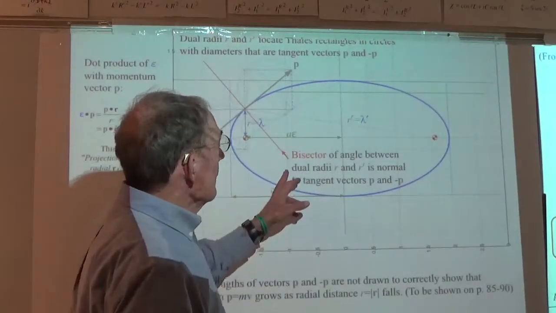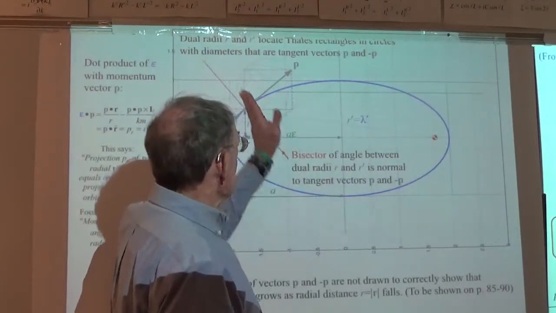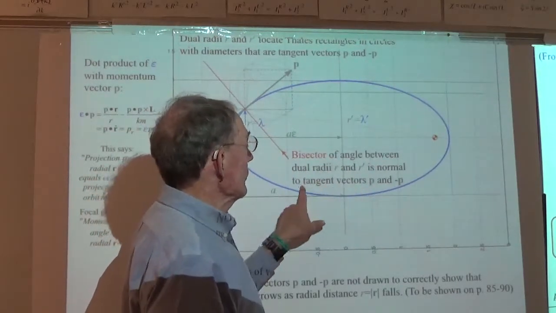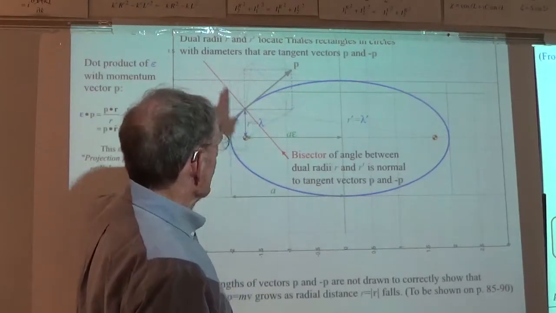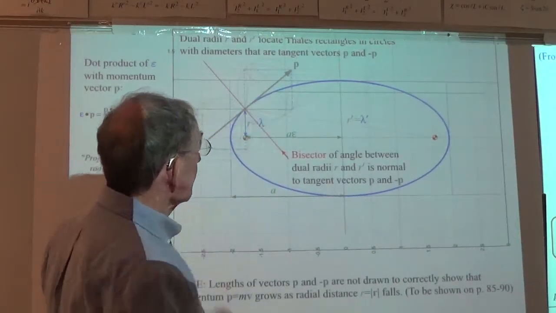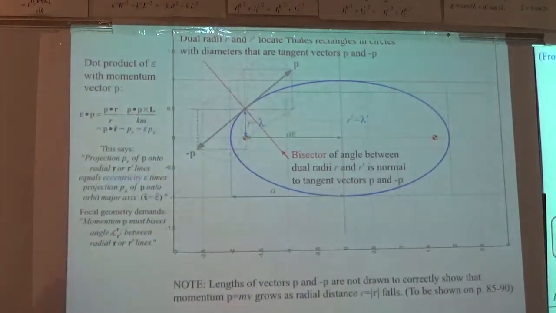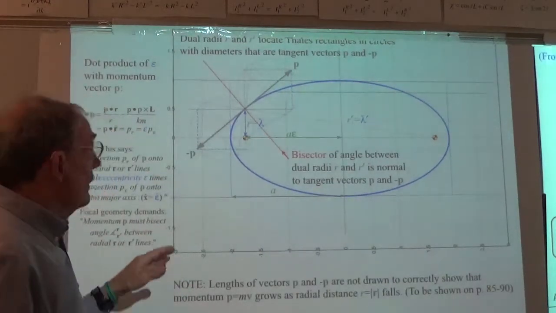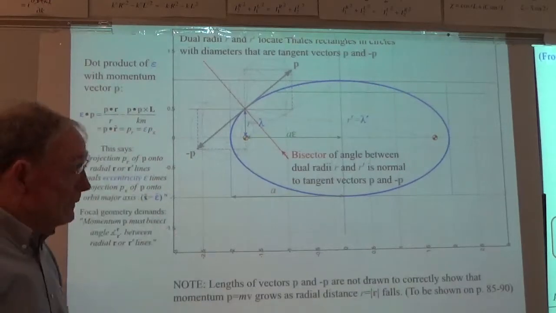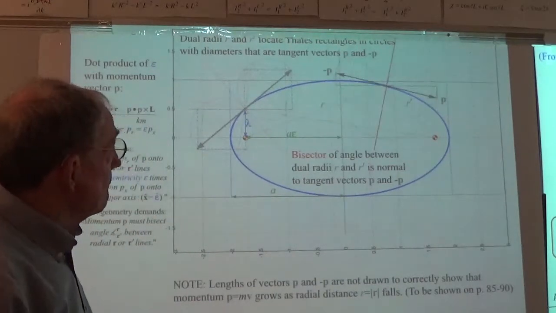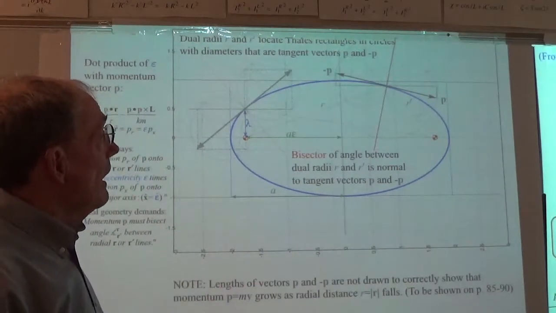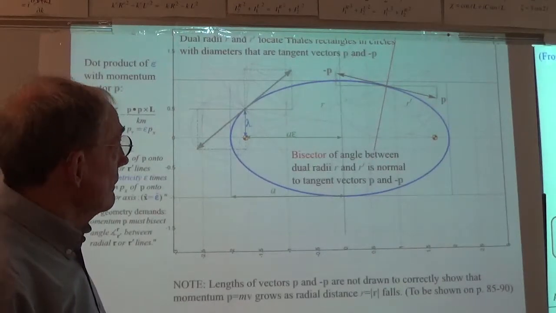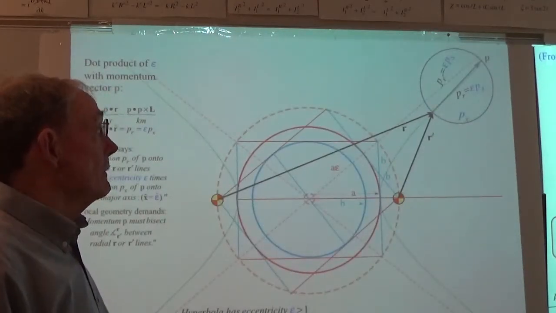And the bisector here is normal to the tangent vectors, that is, normal to the momentum. That's cool. You can use that. So really that's what this little thing told me right away. Anywhere you go, that's going to happen. Okay, that's neat. And it also happens with hyperbolas.